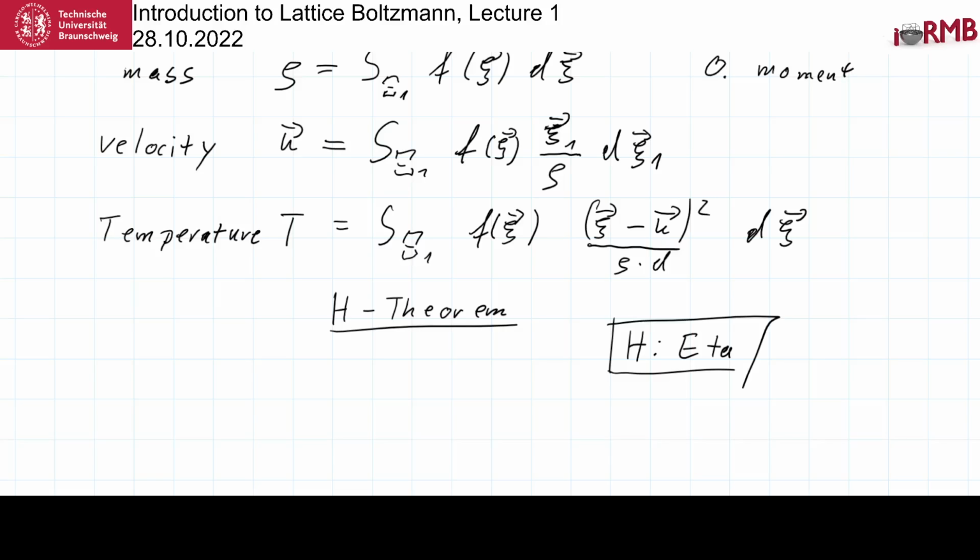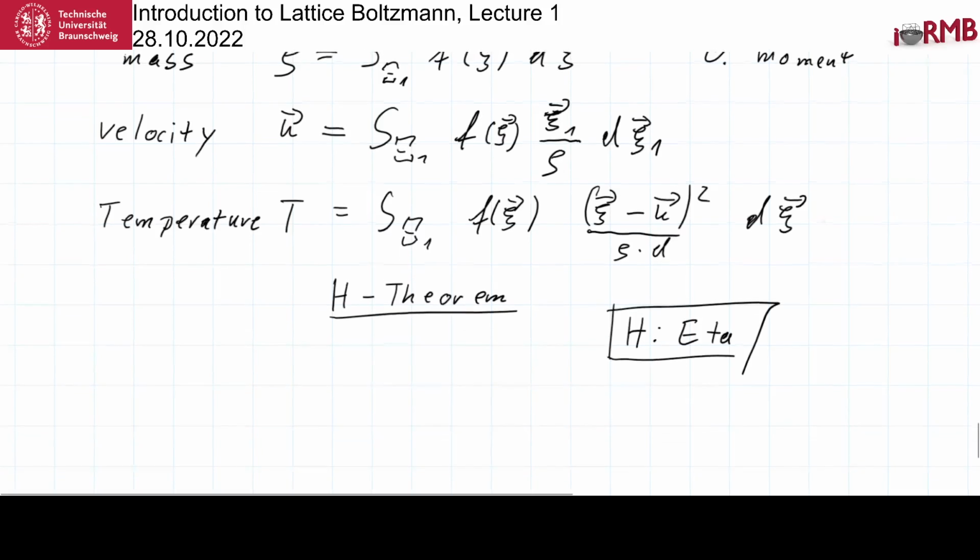In English literature most think this is an H, but an H looks exactly like a Greek eta, and it is believed that Boltzmann meant an eta, because he was talking about something related to energy. So we believe it is an eta theorem, but you will also hear people say H-Theorem, okay?